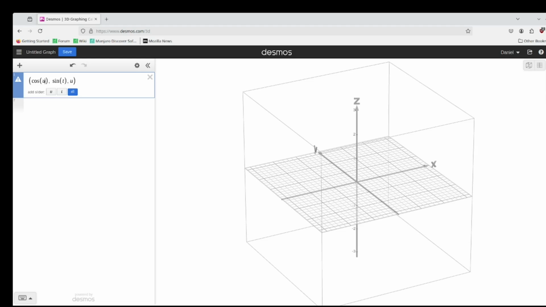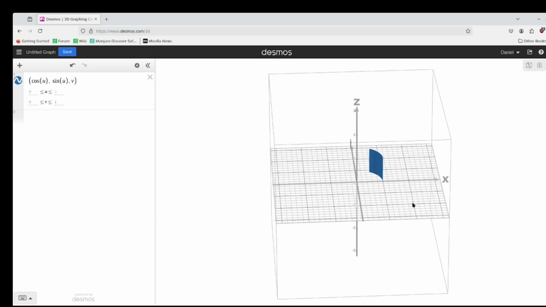But if you swap this out for cosine of u, sine of u, and you put v in here, it understands it. So I want to put that out there for those of you trying to graph with this format.